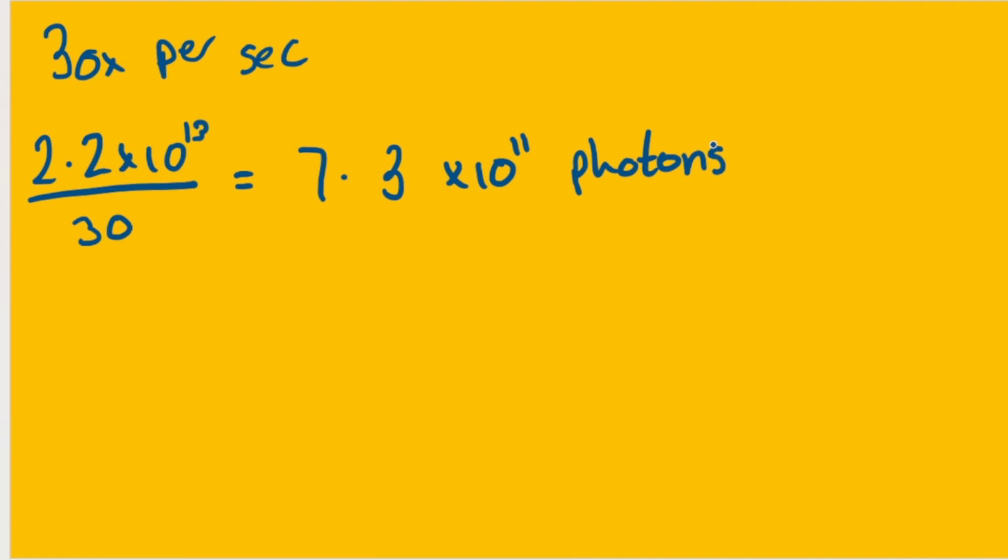If you think about it, 10 to the 9 is going to be billions, and 10 to the 12 is going to be trillions.